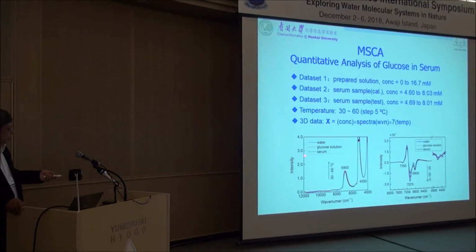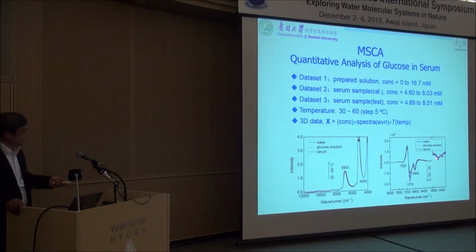This is the raw spectra measured by the instrument, and this is the second order derivative of the spectra. This spectral range is the absorption of water, and this region is about the proteins.